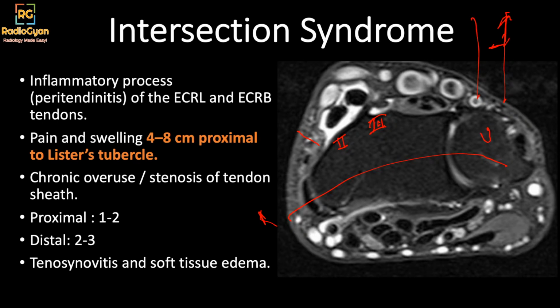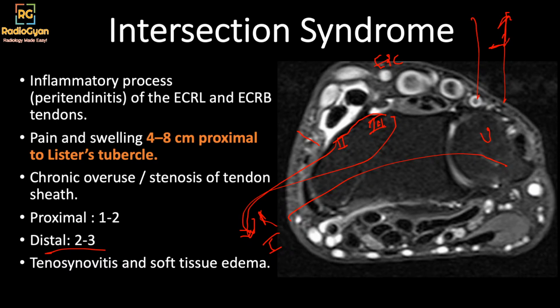Distal intersection is less common and is seen in compartments 2 and 3, as seen in this case. So imagine this to be the extensor pollicis longus tendon. This tendon is in compartment 3, but it has to reach compartment 1. So it intersects with the second compartment and goes to the first compartment and attaches to the thumb.